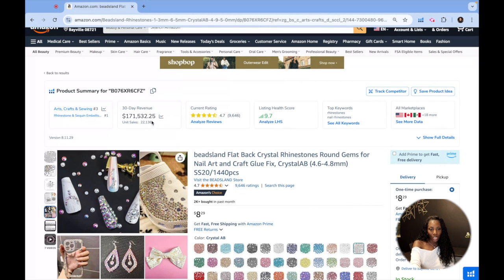So we can see the unit sales, 22,000 units in a month. And keep in mind, you guys, the more of a product that you order, the cheaper it is per unit. So because they're ordering such large amounts of this item, they're probably getting it for, I honestly would guess, like 20 cents or something like that. That would be my guess.